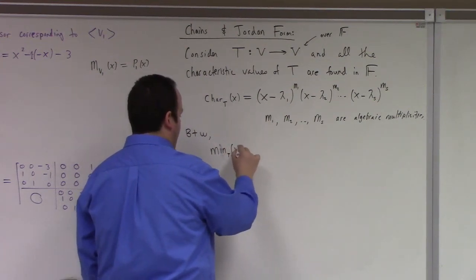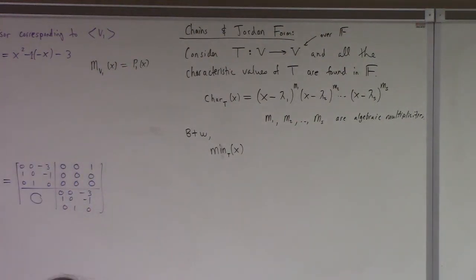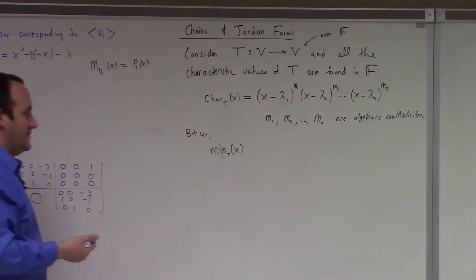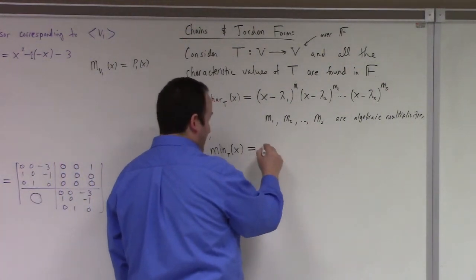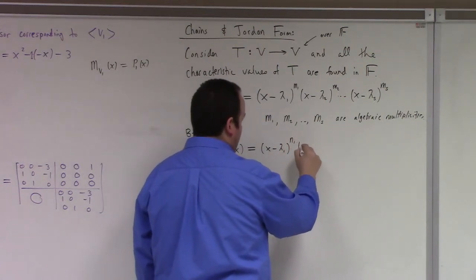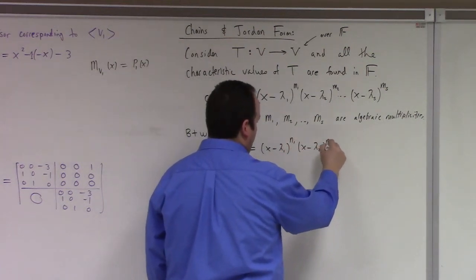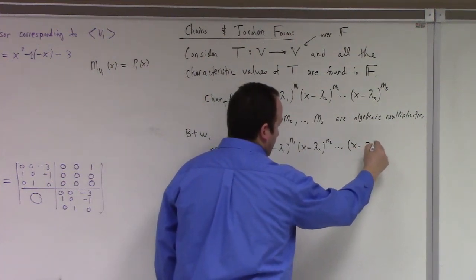Sorry, I hope you can forgive me. The minimal polynomial of T, we've usually just been saying m of x, but the minimal polynomial of T with respect to x is then going to look like what? It's going to look like x minus lambda 1 to, let's say, n1, x minus lambda 2 to the n2 power, x minus lambda s to the ns power.